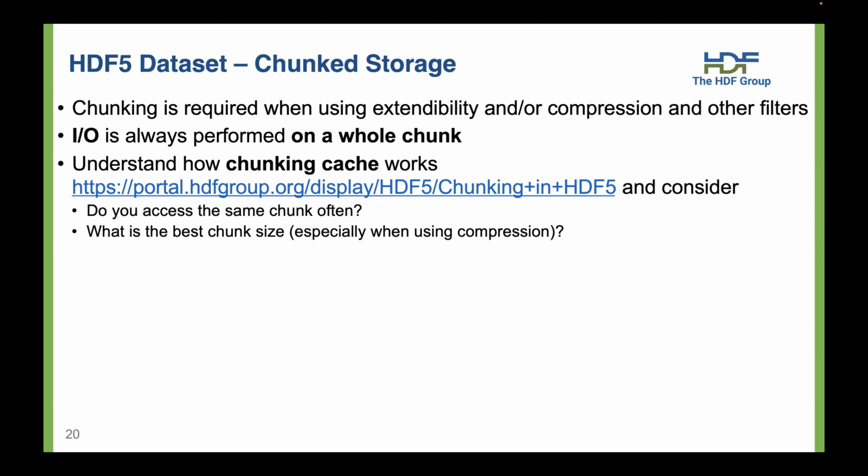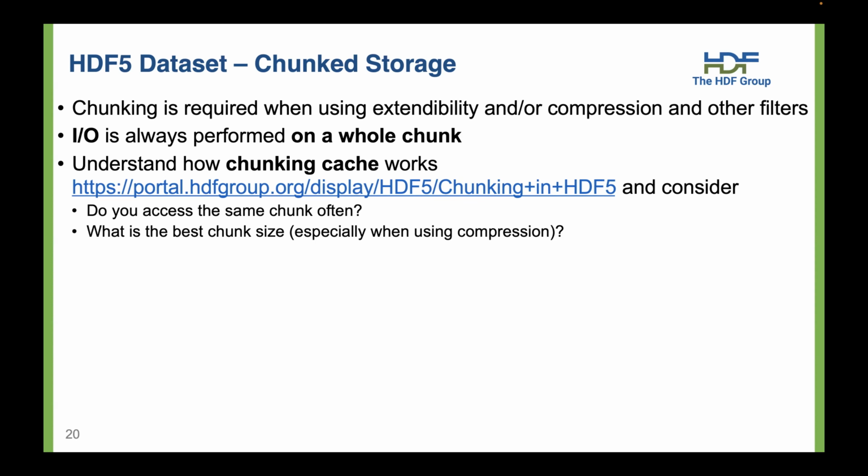This is especially important for compression, because compression is performed on a chunk by chunk basis. If you use really small chunks, then you're probably not going to get great compression. Whereas if you use very large chunks, you might get better compression, but not better performance, because if you do a partial read of a chunk, it's going to read in the whole chunk, decompress it, and then write the whole chunk, not just part of it.